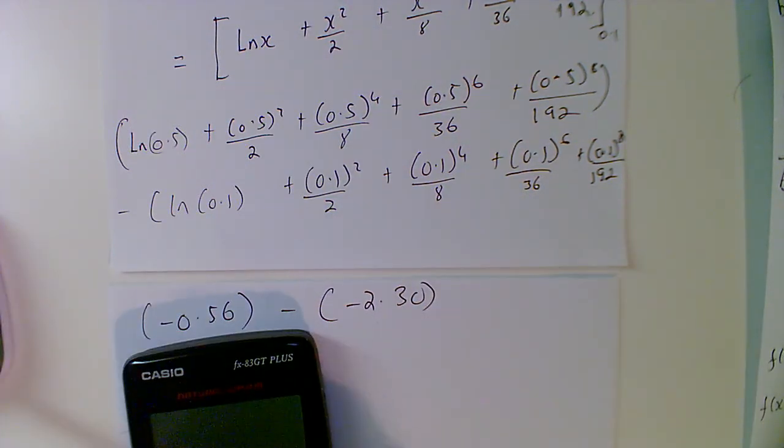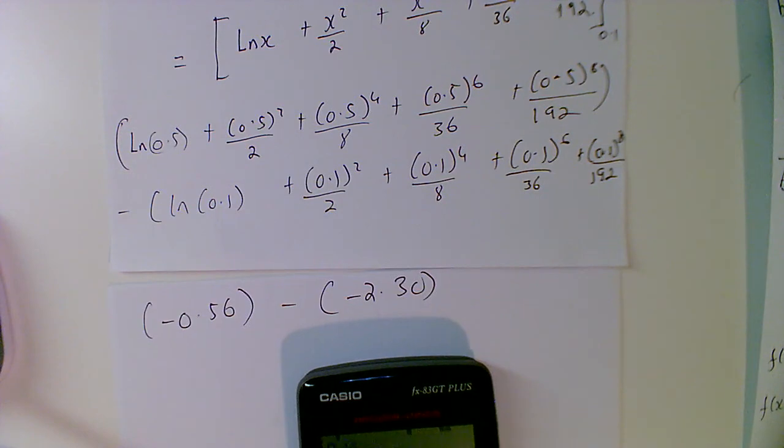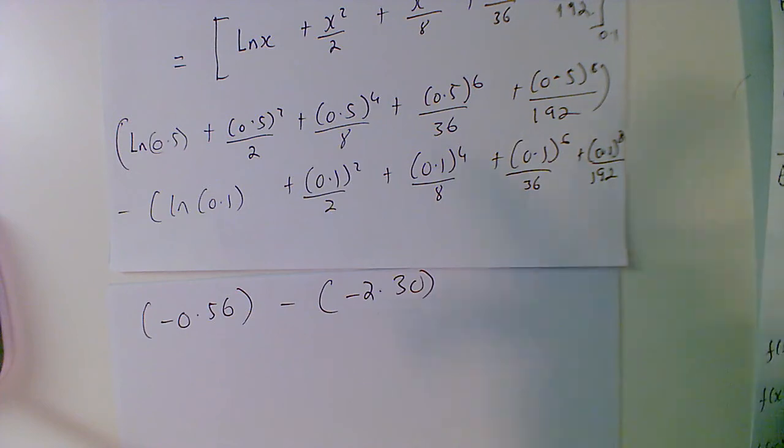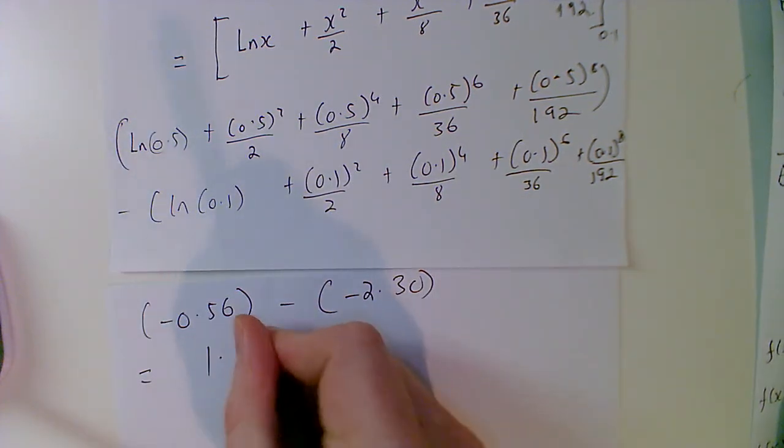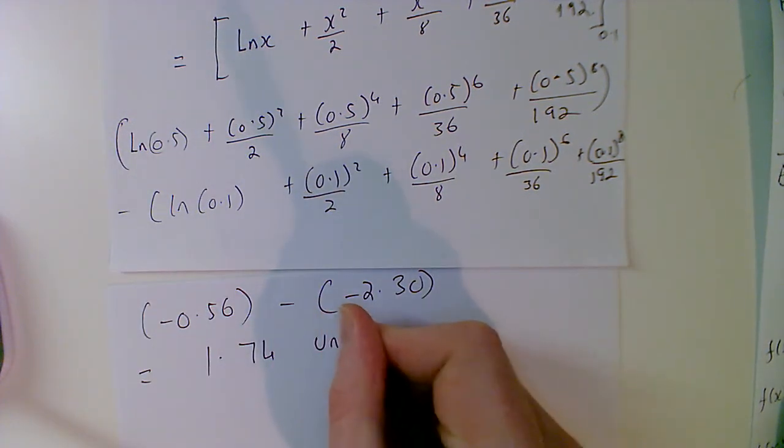So 2.30 take away 0.56 is 1.74 units squared.